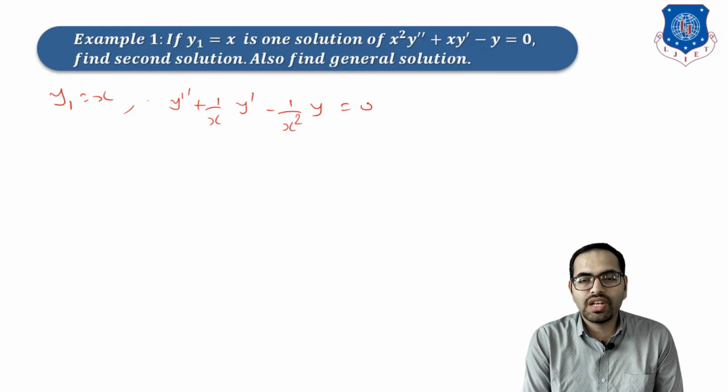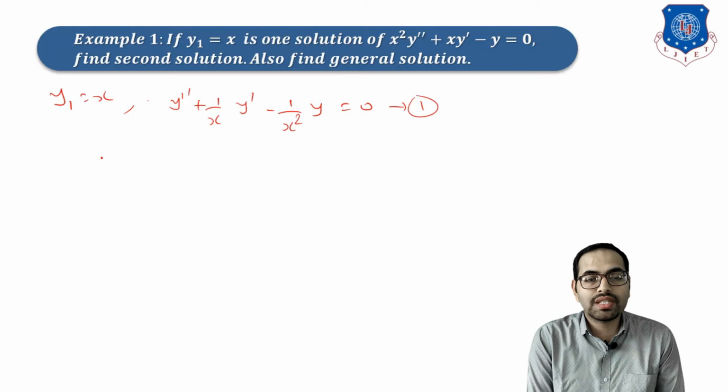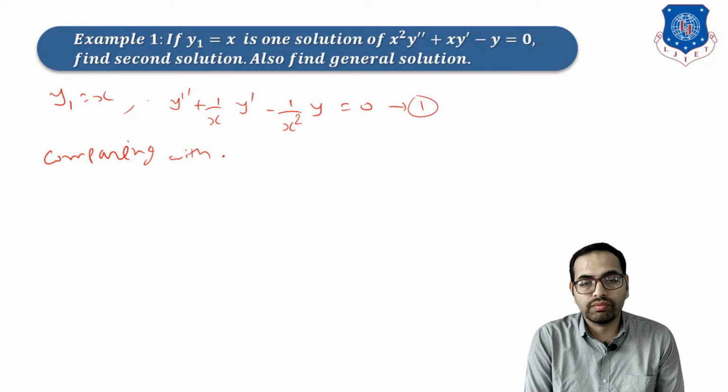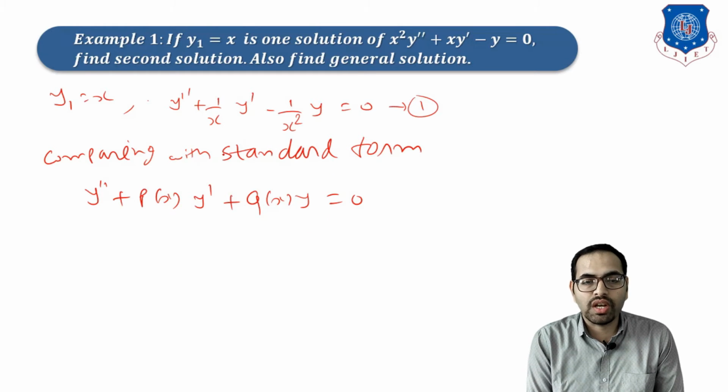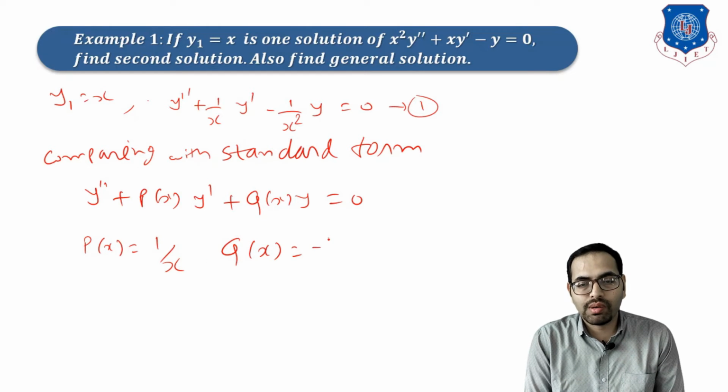This one is our differential equation number 1, which is compared with the standard form, which is y double dash plus p of x y dash plus q of x y equal to 0. Whenever we compare both equations, we find the values of p of x, which is 1 upon x, and q of x, which is minus 1 upon x square.